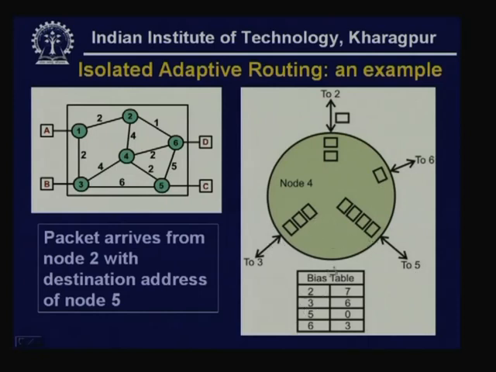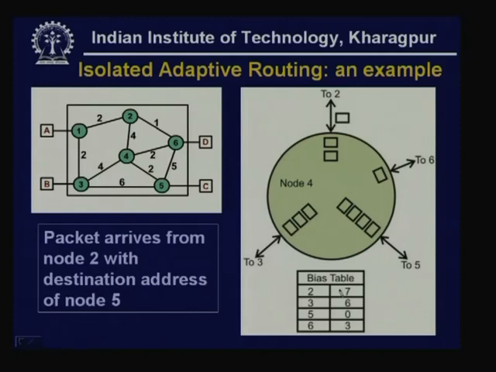On the other hand, there is a bias table. As you can see, the bias towards 2 is 7, because it is going in the direction of the source. That is why here the bias is more. Towards 3, the bias is 6, because again it is going away. On the other hand, if it is going in this direction, the bias is 0, and in this other direction, it is going a little off, so the bias is 3.